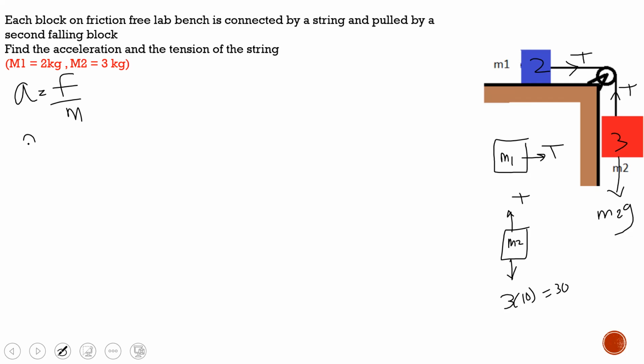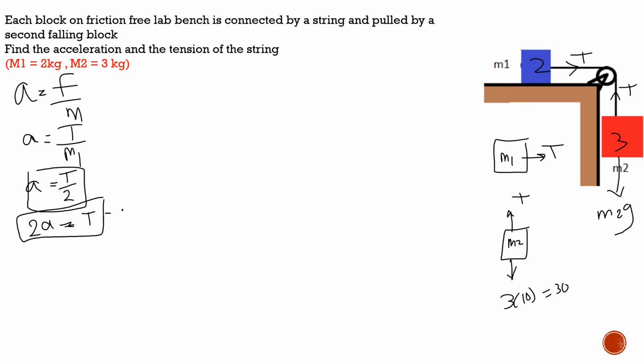So what is the force that affects M1? It's only the tension over M1, and M1 here is 2. So a is tension over 2, or we can say 2a equals tension. This is equation number 1.